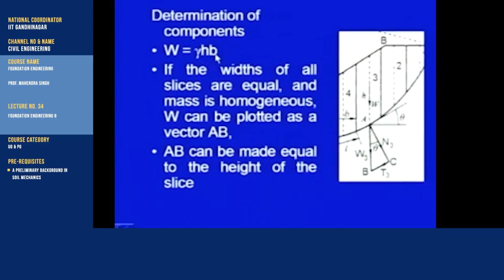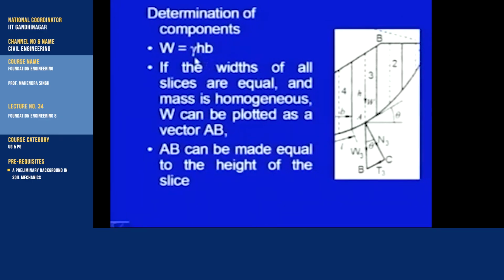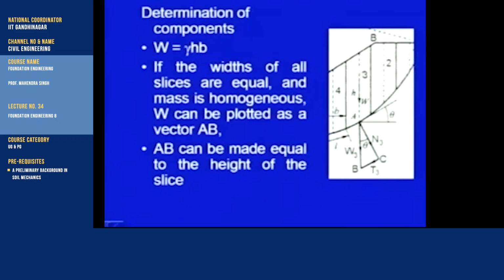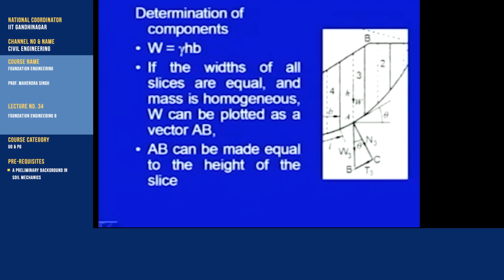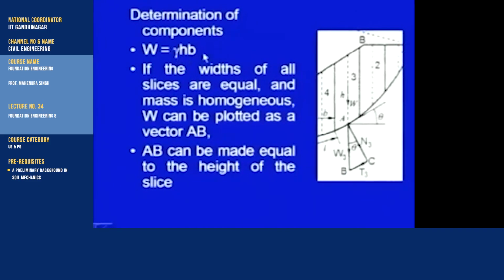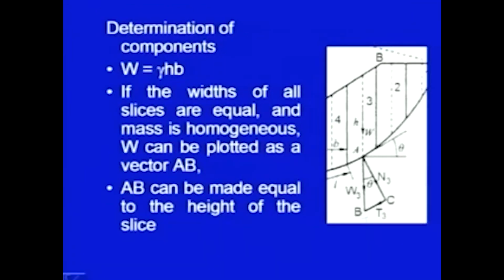So, gamma into b will become constant for each slice and only you have to multiply small h. So, straightaway we can draw this W3 as h times that constant value, that is gamma into b. So, W is plotted here and then AB can be made equal to the height of the slice.